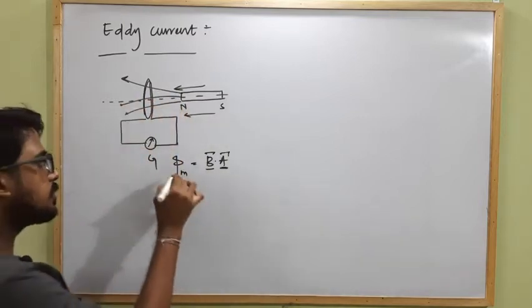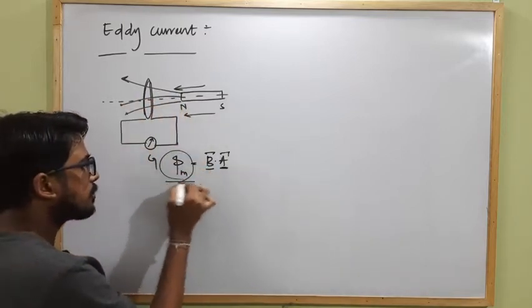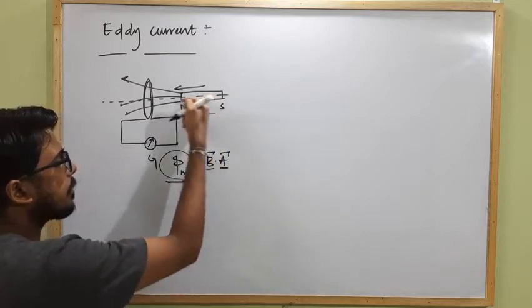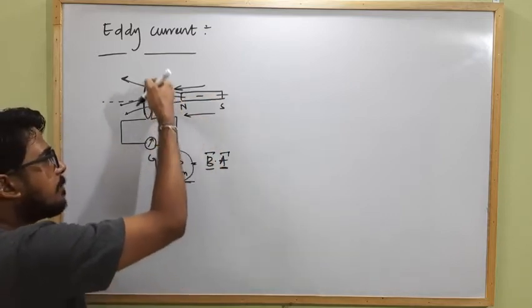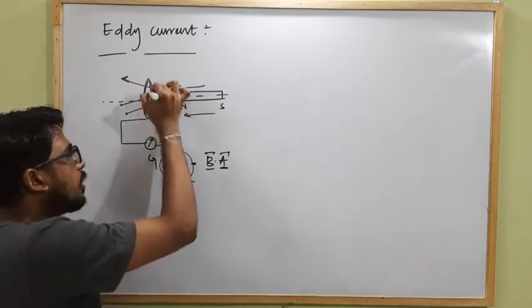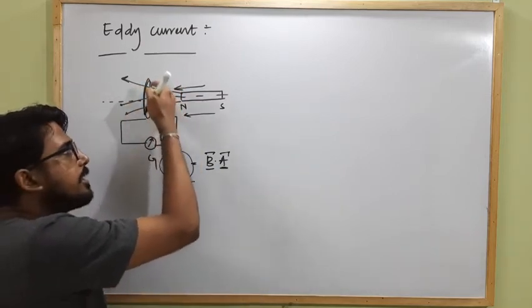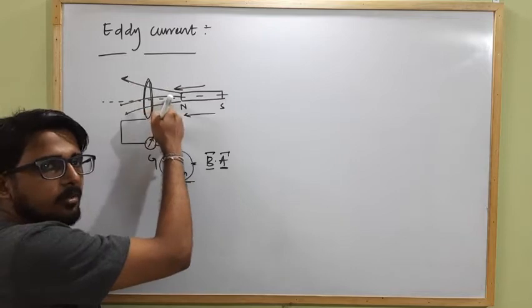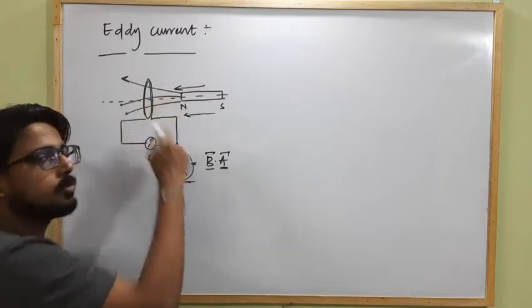Due to the change in flux with respect to time, an EMF is induced within the coil, and as the coil is a closed loop, an induced current starts flowing through it, and which tries to what?